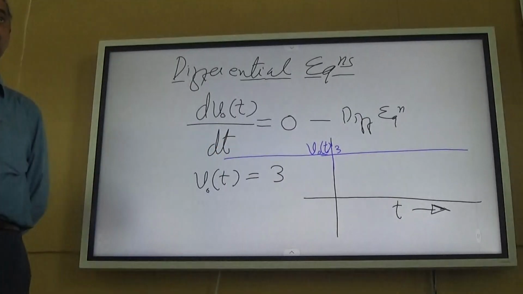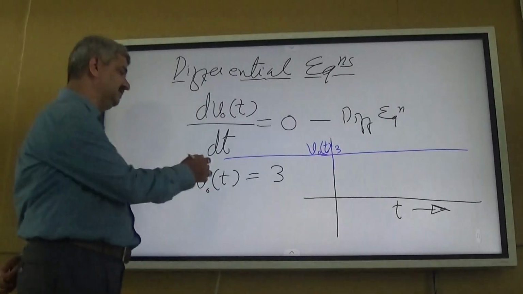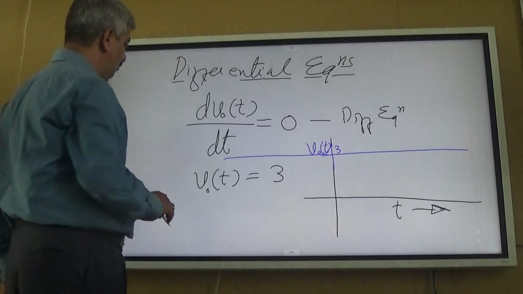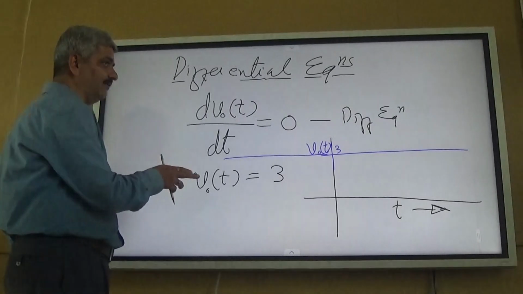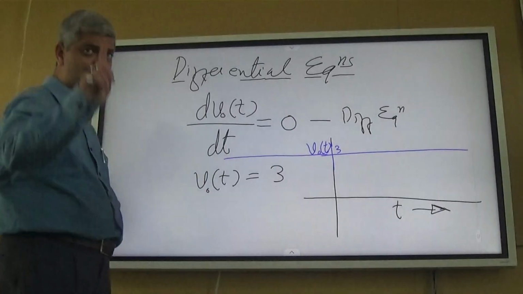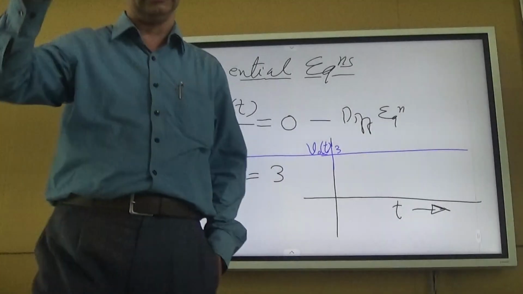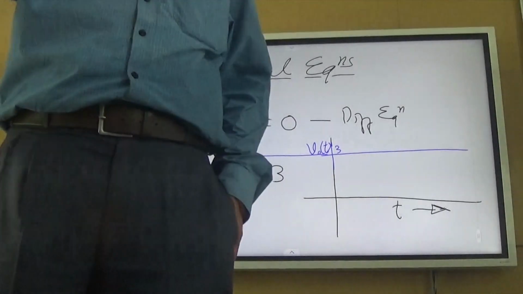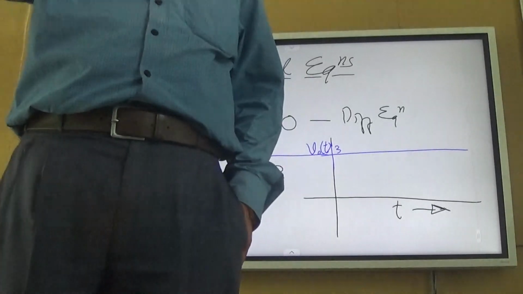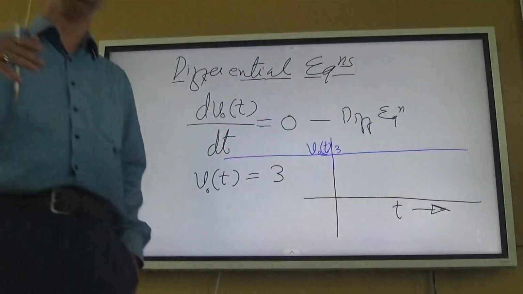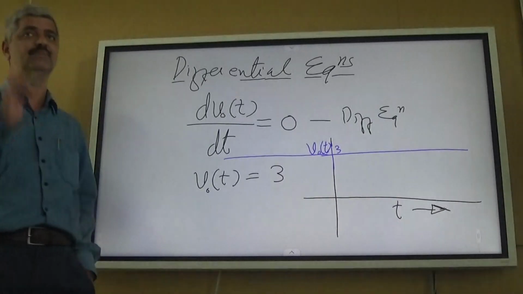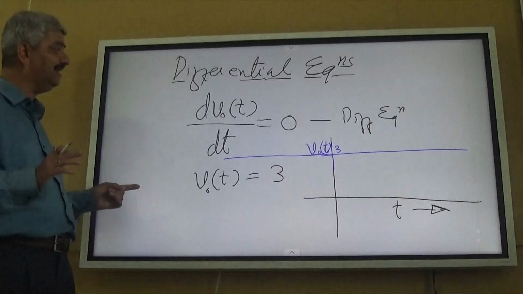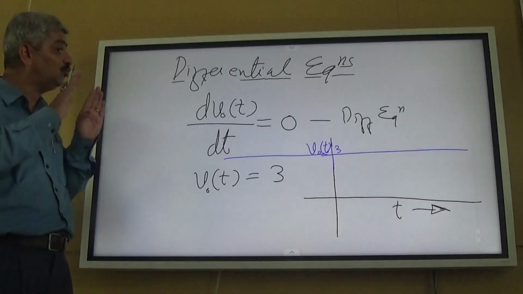Now, I will add a few more complications to this itself. Like V(t), and again only one variable, multiple variables is a different thing. Only one variable we are discussing. I am trying to have the simplest way of looking at and thinking about differential equations. So only one variable, and differential term is not to be used.